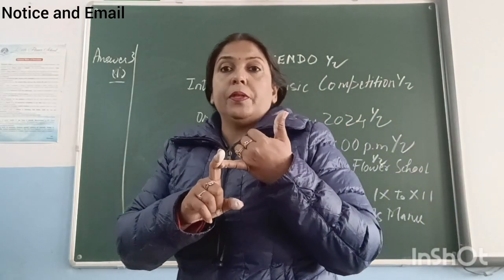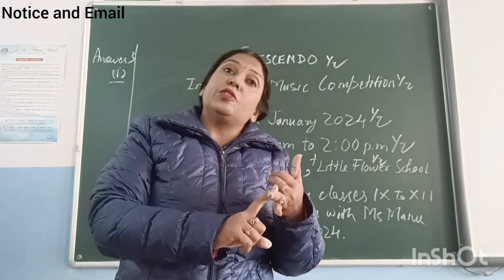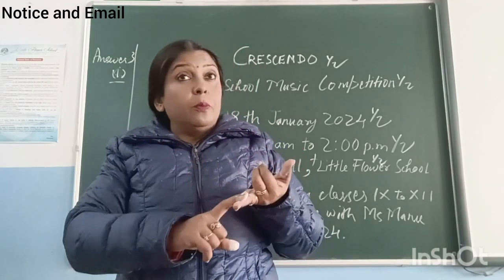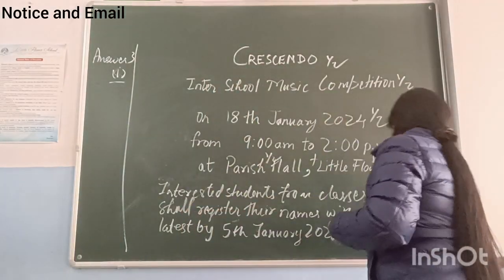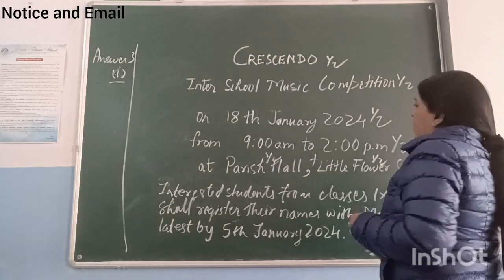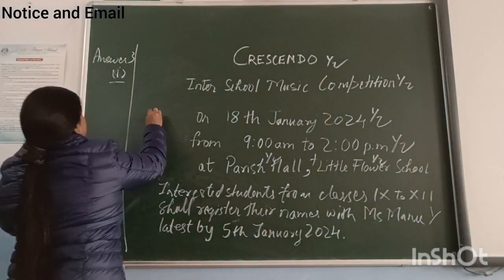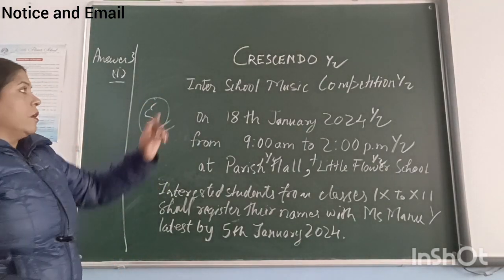And then here the complete 3 things: the target group, whom you are targeting for the notice, what they are supposed to do, they have to register their names, with whom, and latest by which time. So that takes a total of 1 mark. Okay, the complete thing. So this makes 5 marks in total.